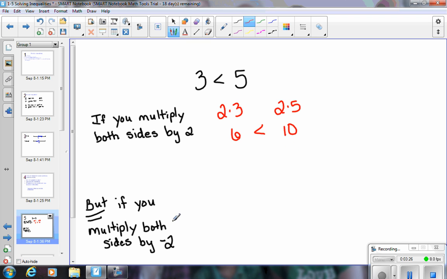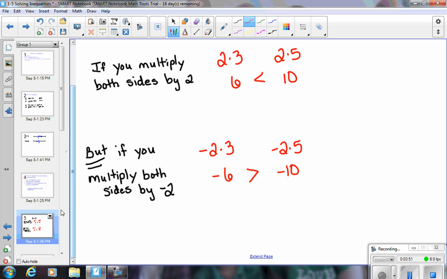But what happens if you multiply both sides by a -2? So if you have -2 times 3 and -2 times 5, you get a -6 and a -10. Well, now it's no longer less than. Now my symbol needs to go this way because -6 is greater than -10.